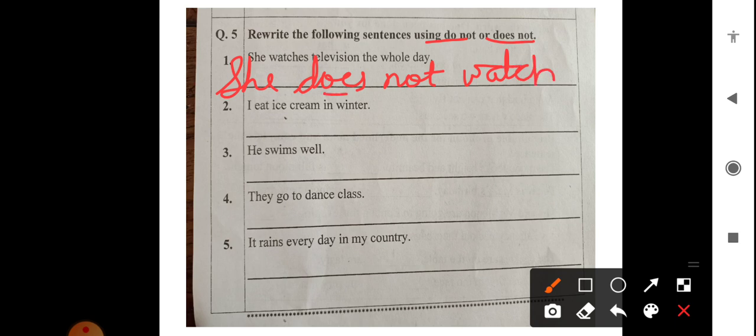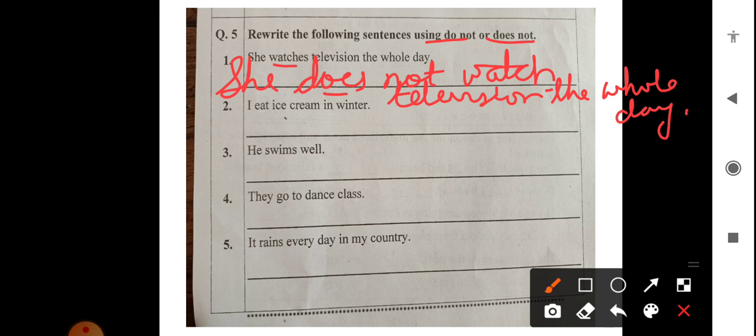Now does is present tense, watches is also present tense. So both present tenses will not come at one place. So if you use does, watches will become watch. She does not watch television the whole day. Children, you need to write the full sentence here, okay?